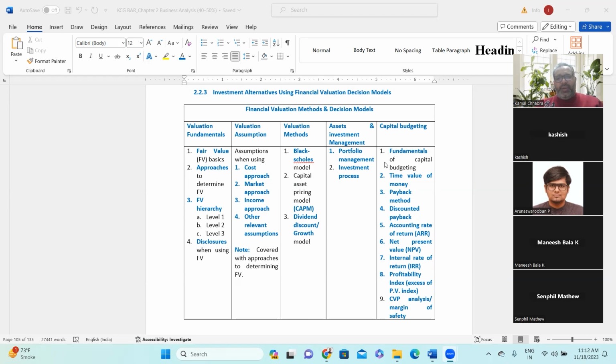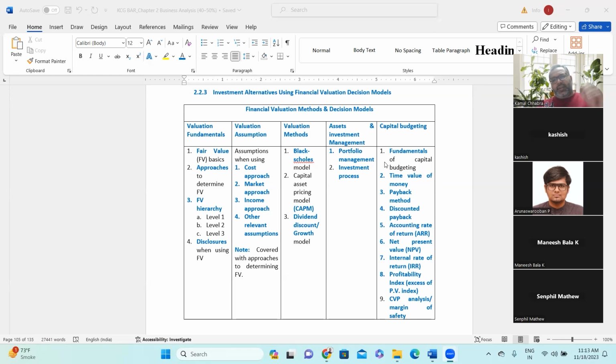So topics 1 and 2 we covered together. Then we jumped onto the Black-Scholes model as well as the capital asset pricing model and dividend growth model. CAPM and dividend growth model we had already studied in the earlier class. So in the last two classes we discussed the Black-Scholes model. Right after that we jumped onto assets and investment management, where we discussed portfolio management and investment process.